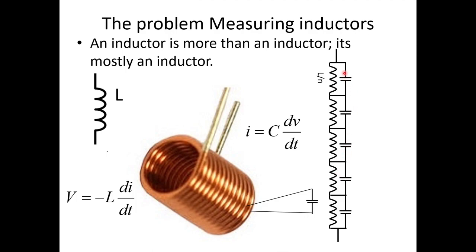The problem is this capacitive coupling is going to interfere with us validating the models, because the models are computing the inductance based on pure inductance. Later on, we're going to improve the software so it'll do everything.